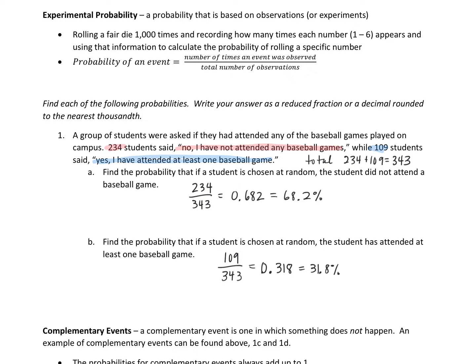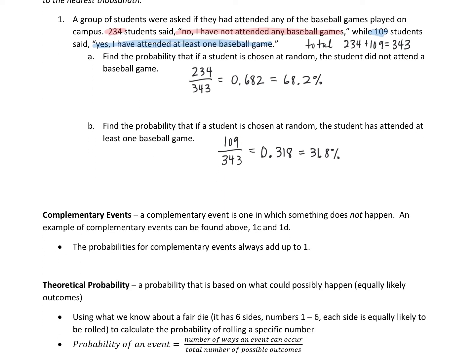These are called complementary events. There are 2 things that could happen. Either they have attended a game or they have not attended a game. In total, that should be 1 because that's 100% of the students. Right? So these are called complementary events. A complementary event is one in which something does not happen.